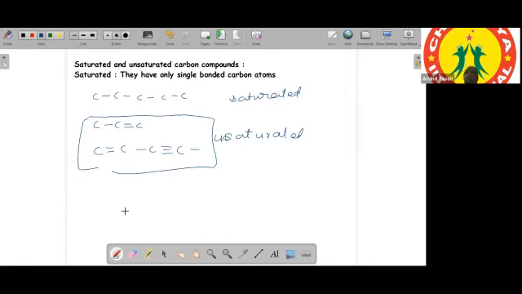Also, the unsaturated hydrocarbons undergo addition reaction, whereas the saturated hydrocarbons undergo elimination reaction. So write them as the differences between saturated and unsaturated.